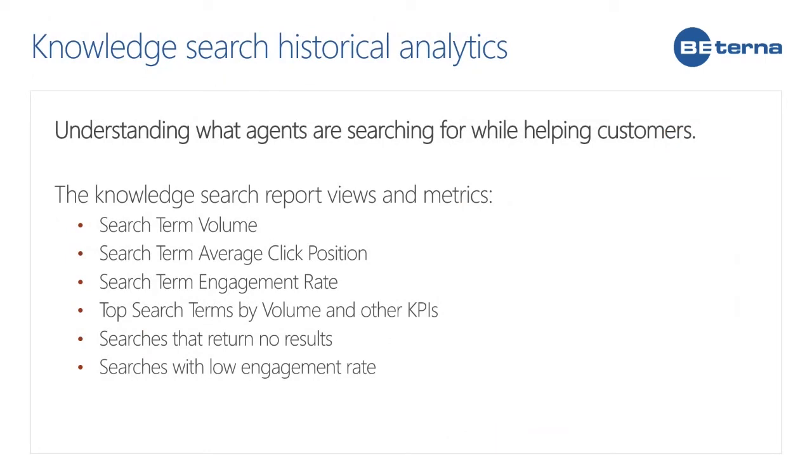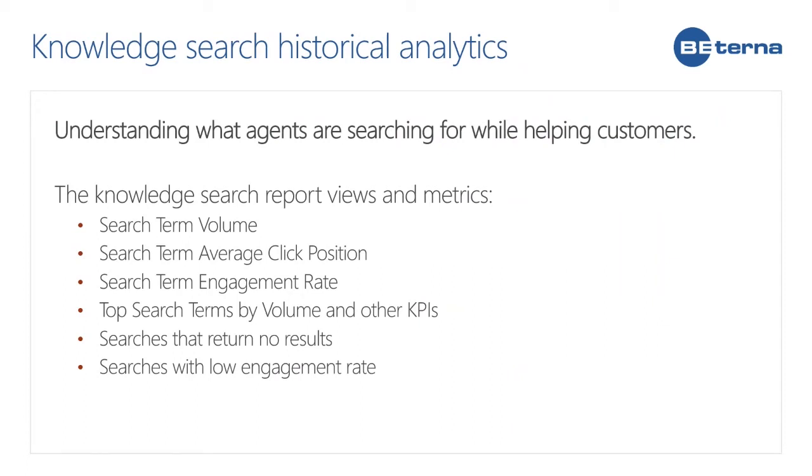Okay, if we go to the next update, it will get a preview in October, so I can't show you anything yet actually. We only have a description, but I think it's a good one. So the point of this new update, which is titled Knowledge Search Historical Analytics, is to get a better understanding of what agents are searching for while helping customers.